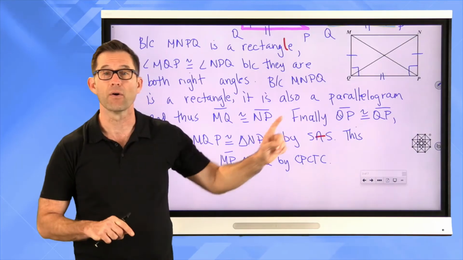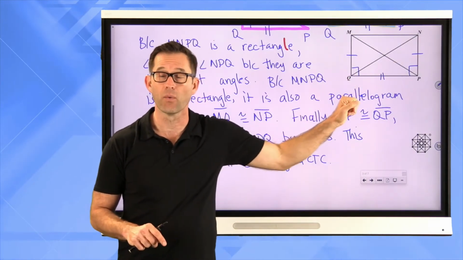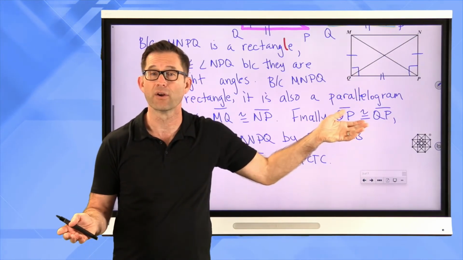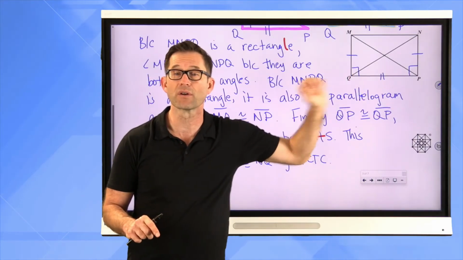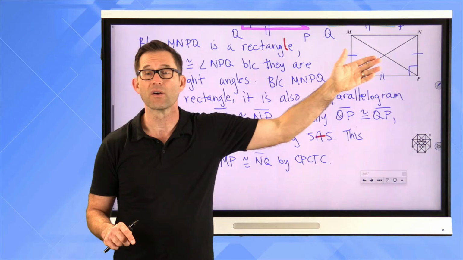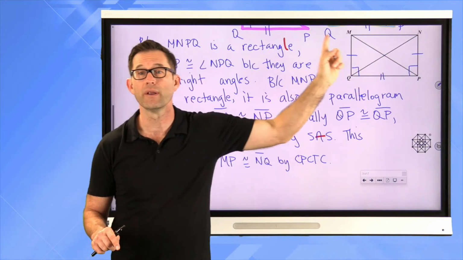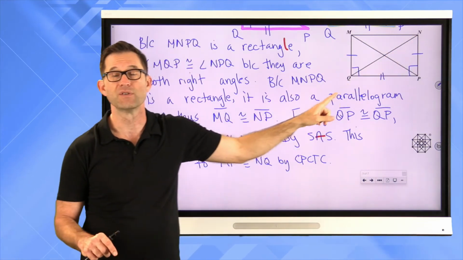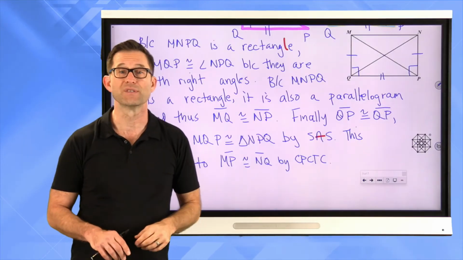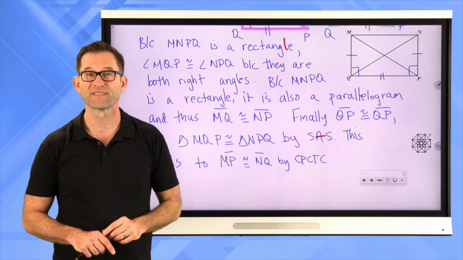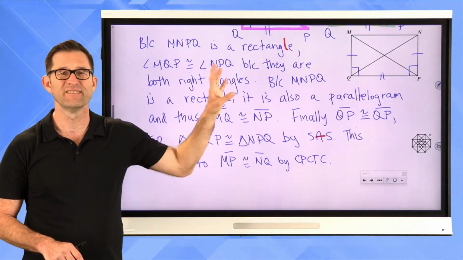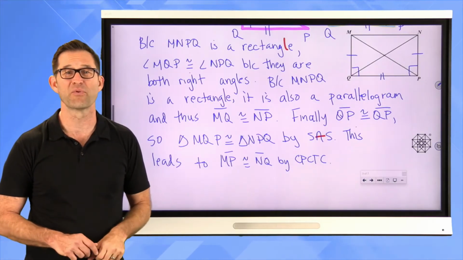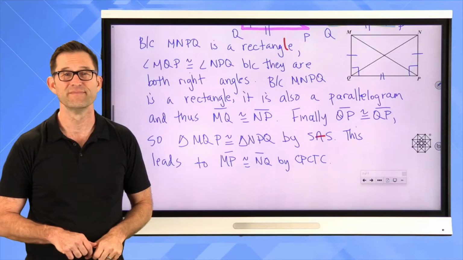But in a rectangle, because all the angles are equal, and they all happen to be 90 degrees, but that's not so much relevant here, because these two angles are congruent, we can conclude that those two triangles are congruent, and therefore those two segments are also congruent. It's kind of cool. All right, pause the video now, write down any of this scratched out proof that you need to.